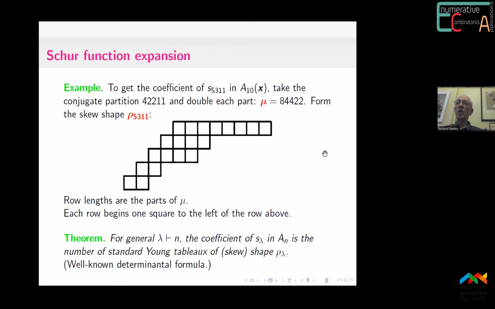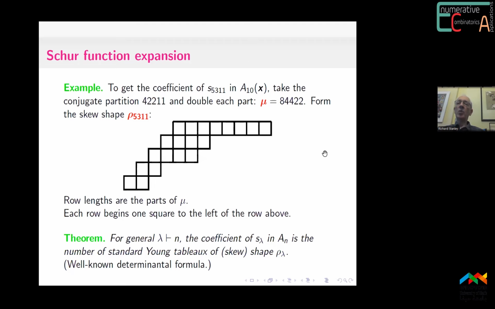So we have a nice determinantal formula for these coefficients. Well, I don't have time to go into the proof, but it's based on the Jacobi-Trudi identity. Okay, that's all I wanted to say about the AN axis.